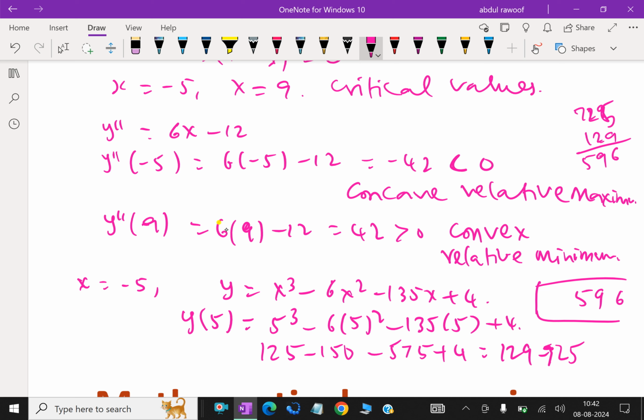This is the maximum. Maximum value is at minus 596.